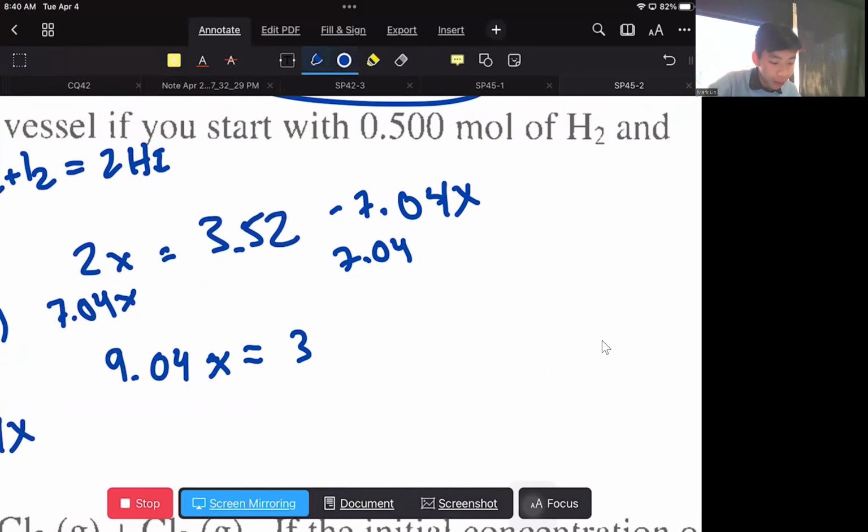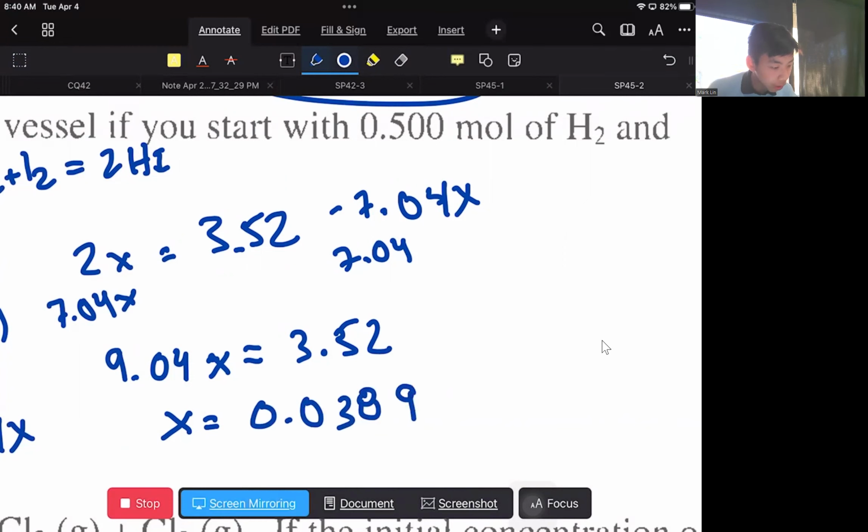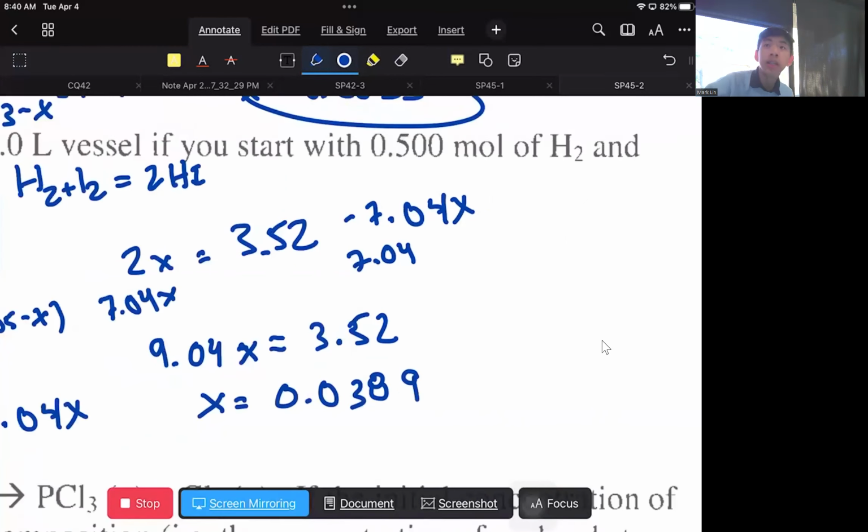Right. Oh my goodness, my voice is so cringy, dude. Okay, so 3.52, divide both sides by 9.04, right? 3.52 divided by 9.04 is 0.0389, right? So you just plug this back into x.